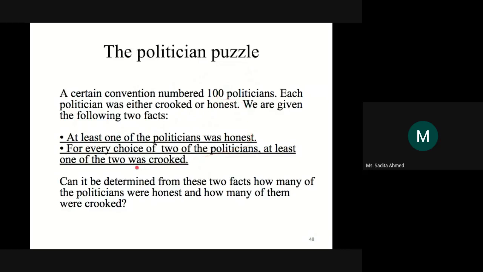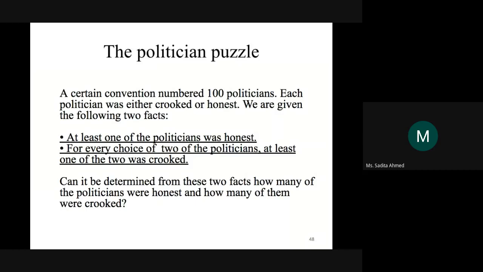Also, we know that if you were to pick any two politicians out of these 100 politicians, always at least one will be crooked. For every choice, please pay attention to this part. For every choice of two politicians, that is, if you keep picking any two politicians randomly, for every single choice of two out of these 100 politicians, at least one of the two will be crooked.